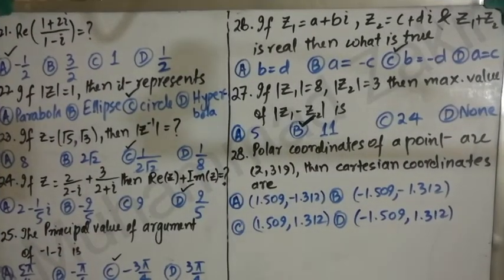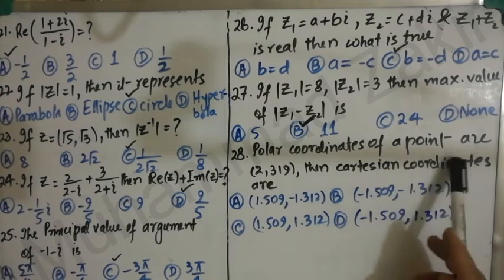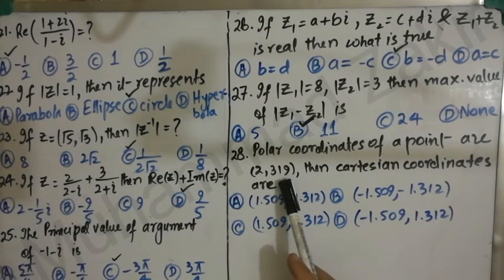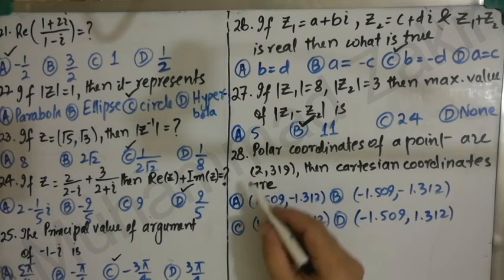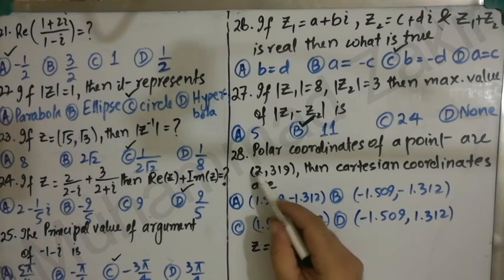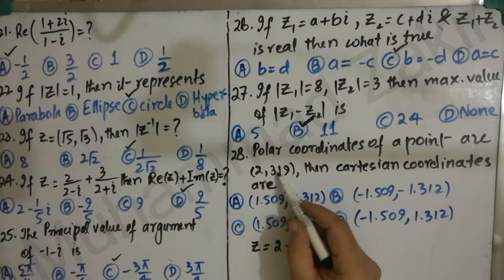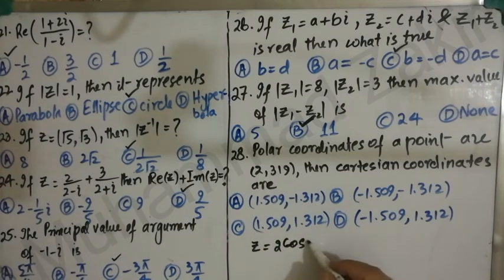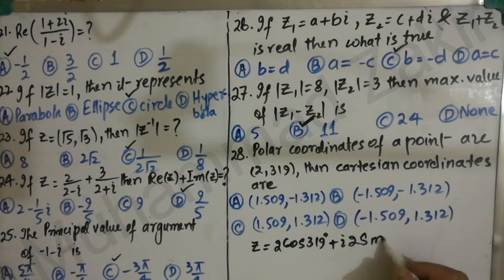Okay, we have the next MCQ. Polar coordinates of a point are 2, 319 degrees. Then which one of these are the Cartesian coordinates? If this is polar form, we write it in complex number form. This is the modulus, this is the angle: 2 cos 319 plus iota 2 sine 319.